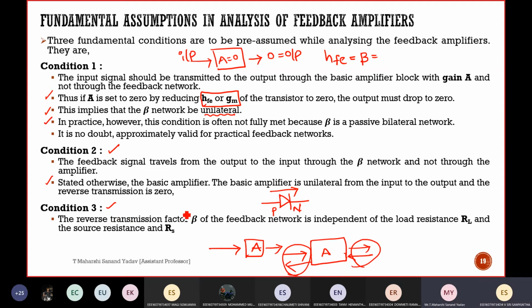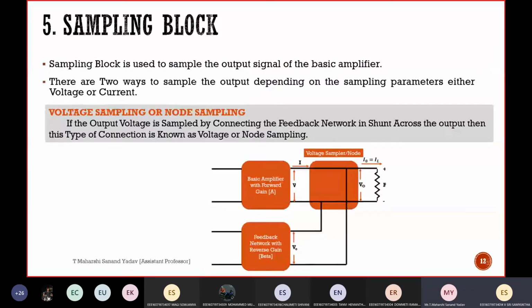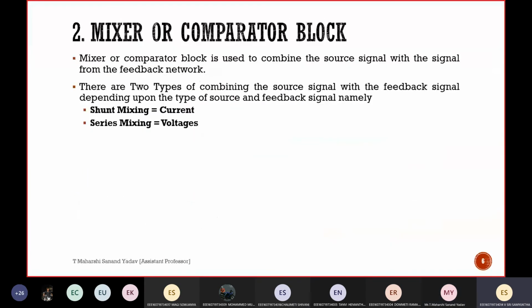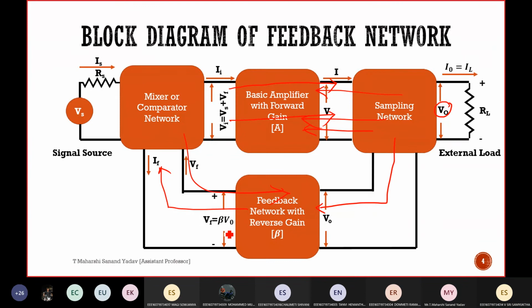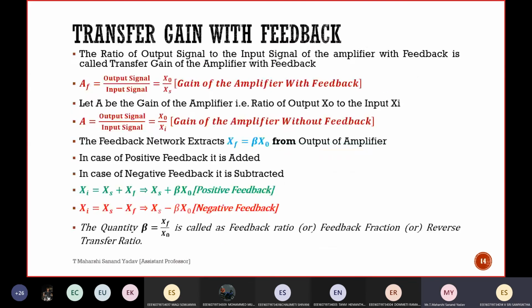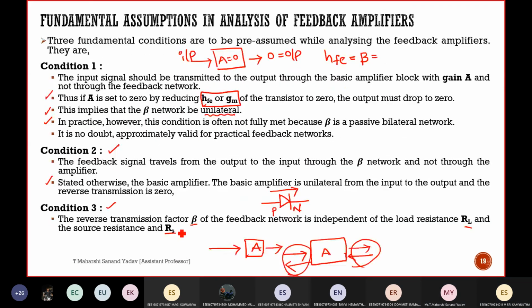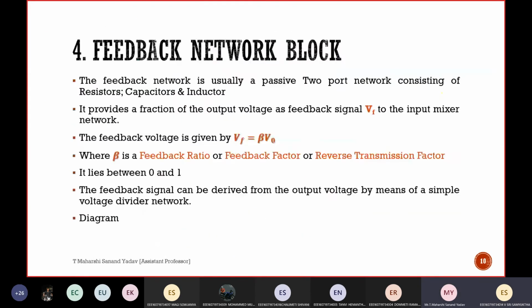The reverse transmission factor beta of the feedback network is independent of the load resistance RL and the source resistance RS. Meaning? The factor beta of the feedback is independent of the load resistance and RS.